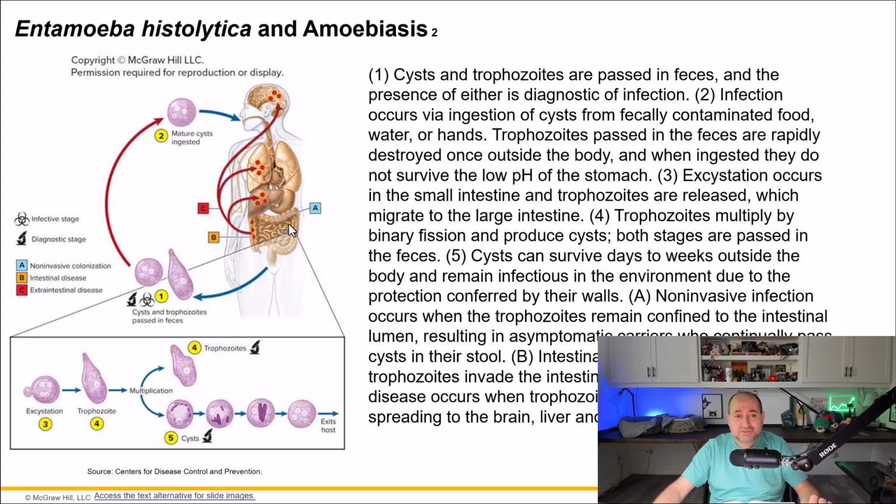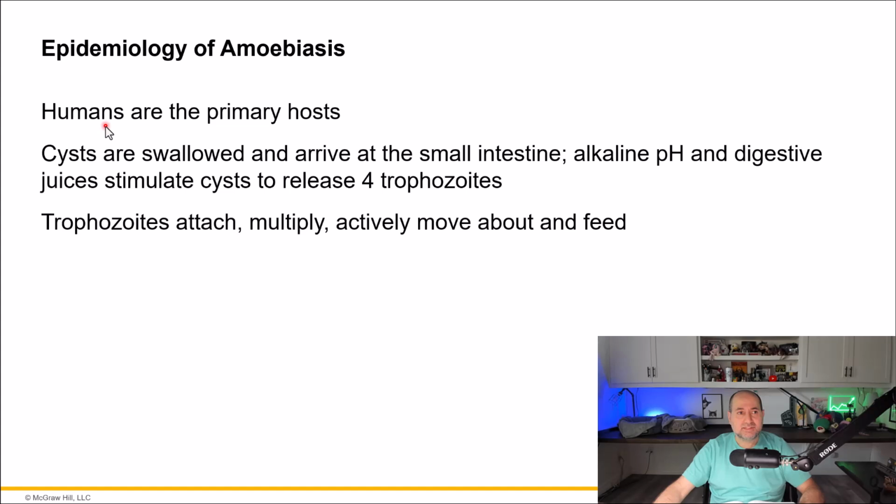The intestinal disease occurs when trophozoites invade the intestinal mucosa, and also extra-intestinal disease can occur if the trophozoites leave the intestines through the bloodstream and end up at different parts of the body, like the liver, the lungs, and even the brain. And yes, us humans are the primary hosts for amoebiasis.